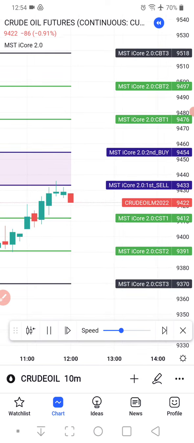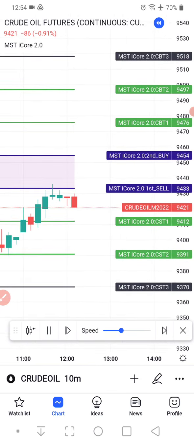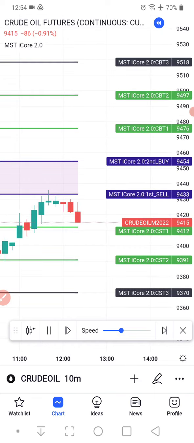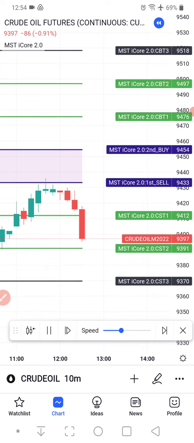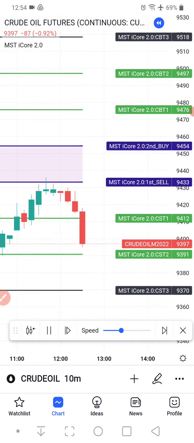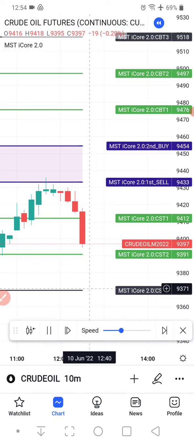Immediately we have got one R3 confirmation. What is R3? Once you join our lifetime course, you can get the R3 and R3C for free. Immediately the first target hit and it is nearing our second target also. The second target was 9391 and the low made 9395.